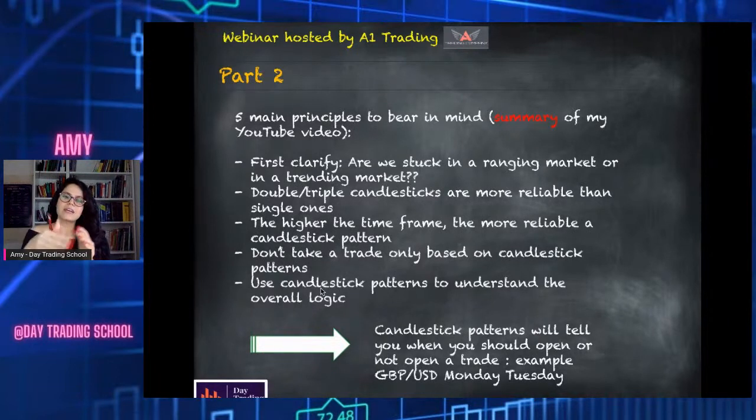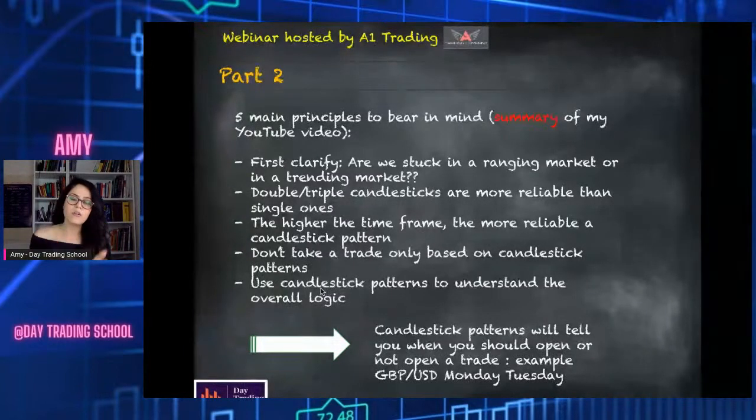And don't take a trade only based on a candlestick pattern. But I think you do understand that this is not the purpose of today's lesson. I'm not trying to tell you just focus on candlestick patterns. What I'm trying to tell you is, just don't use tons of indicators, right? Use 2 indicators maximum, the ones that work for you and for your strategy, and then focus on the alphabet, the fundament of technical analysis.